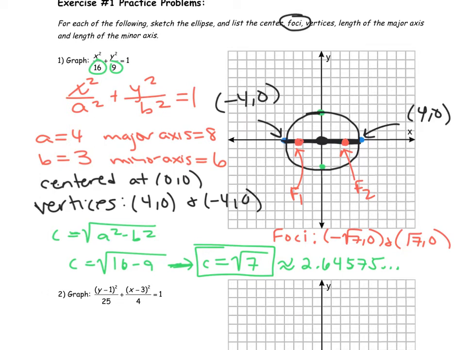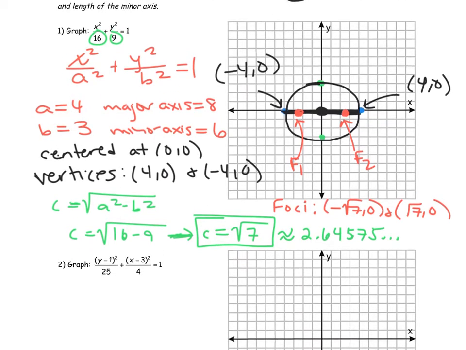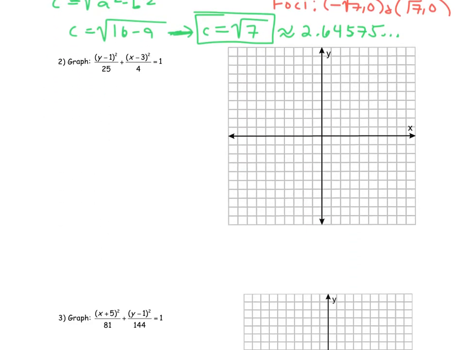Again, guys, if you're having any trouble with this, you can always rewind any part of this that you need to revisit. Okay, let's take a look at the next example, example 2. All right, now you should notice an order difference here. So I'm actually going to rewrite this in the order that I like the way it's written, is x minus 3 quantity squared over 4 plus y minus 1 quantity squared over 25.